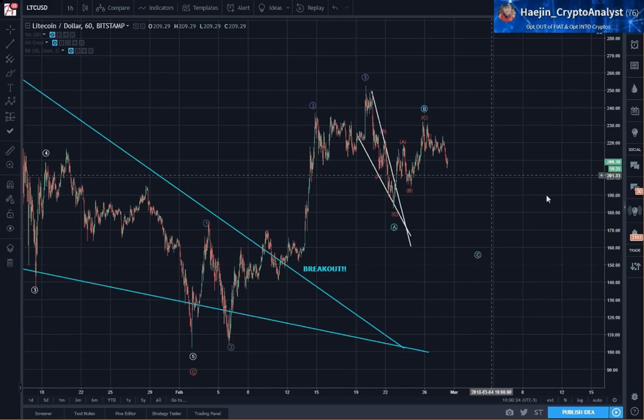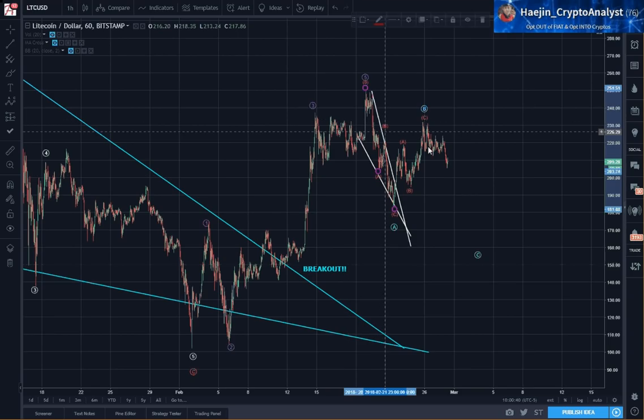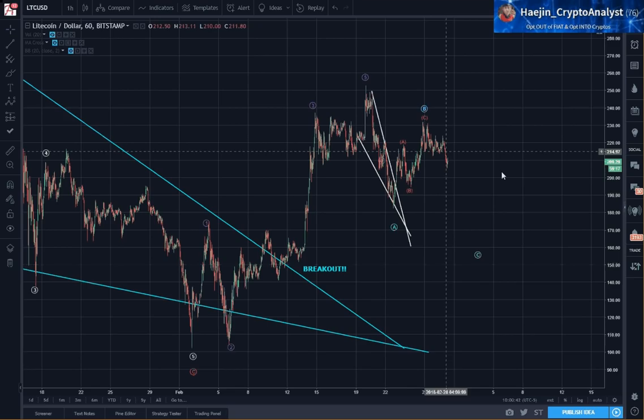Now, in this, instead of being an ABC, I bet it can be labeled as a zigzag. Let me remove the wedge markings for now.